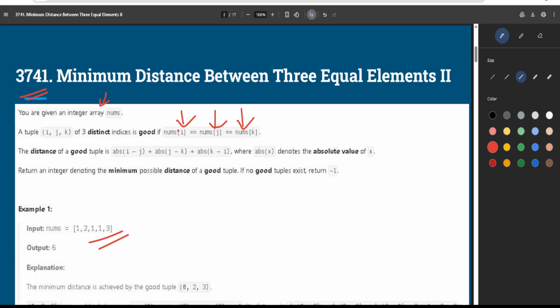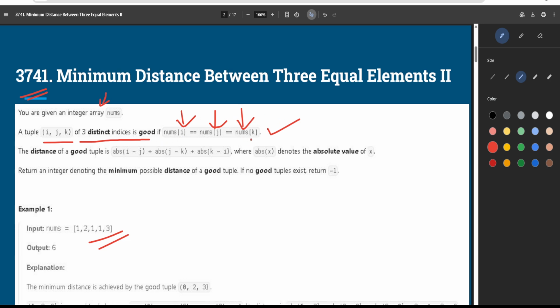If we pick three distinct indices i, j, k, they form a good tuple when the elements at these indices are equal, so all the values are equal.